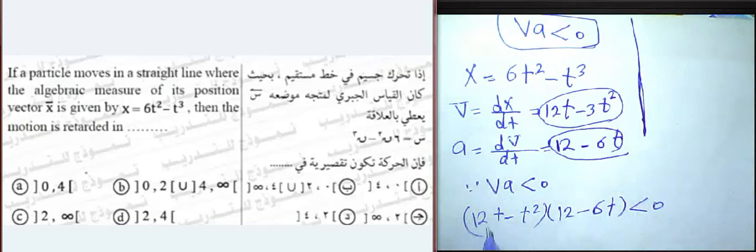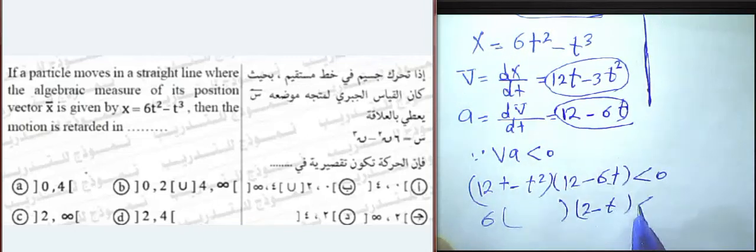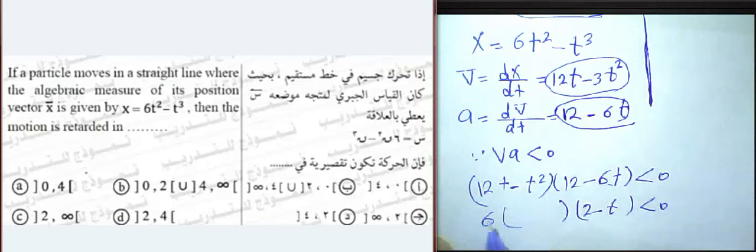We can write 6 as a common factor between them, and t outside. The result in the brackets will be 2 subtract t, and the other factor is 12 subtract 3t.